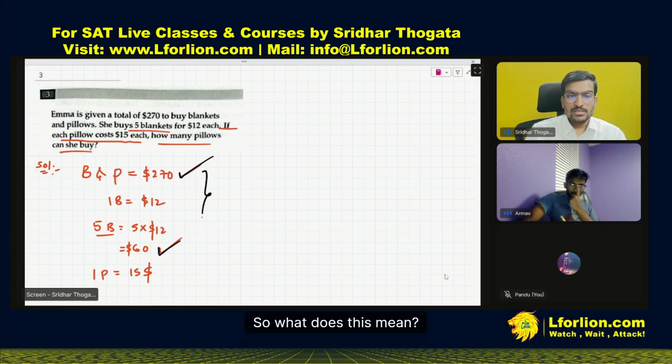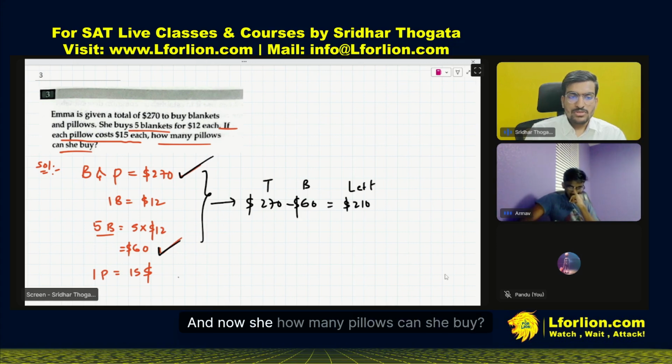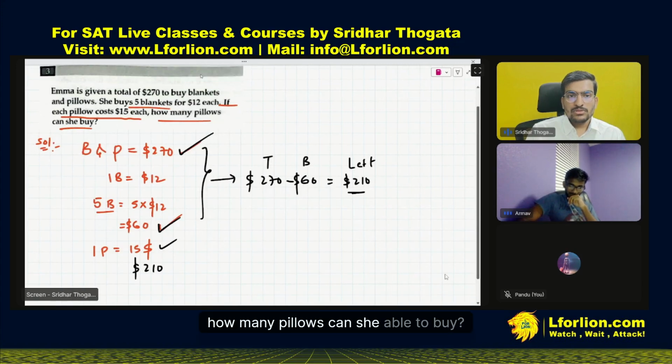So out of $270, $60 she spent on blankets. This is the total, and what is left is $210. And now how many pillows can she buy? The money left is $210, and one pillow is $15. Then if she has $210, how many pillows will she be able to buy?